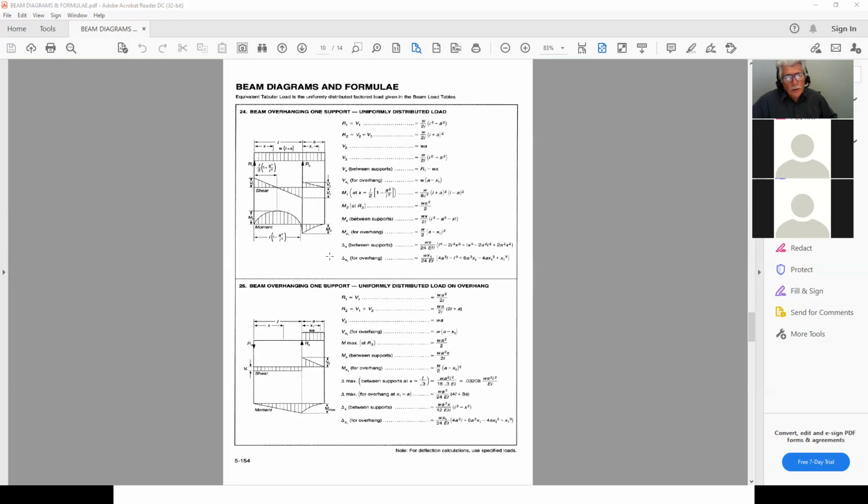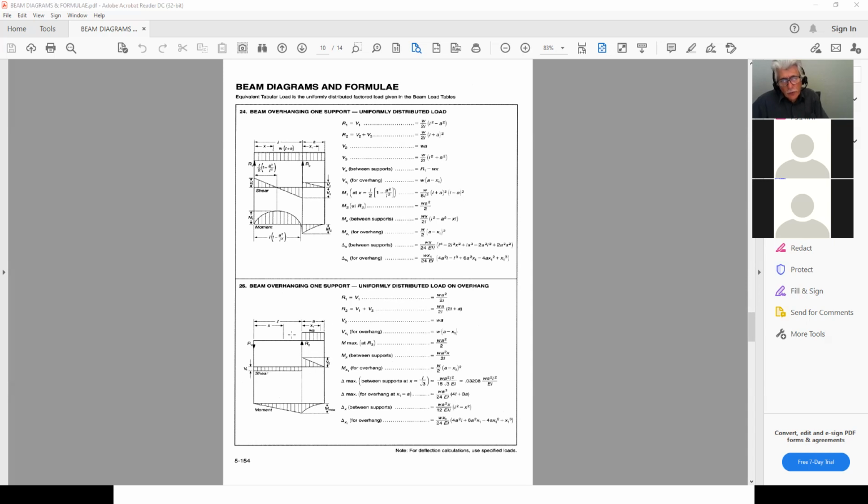Now here, if I happen to have an overhang, overhang beams are very typical, and here is how to use these if the load is only on the overhang, or if the load is completely on the other side. Remember the principle of superposition.